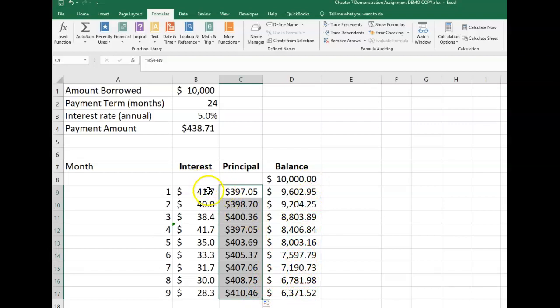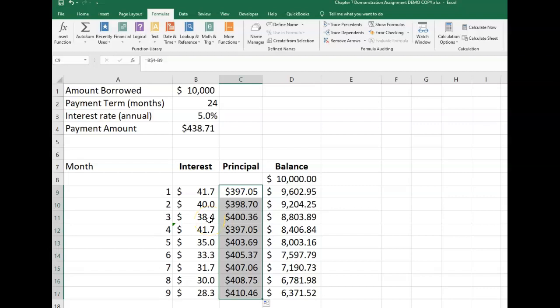If I take a look at the interest column, it looks like it gets smaller in these three, but all of a sudden this jumps back up. And there is no reason, unless a payment is late or something on that order, that a loan amortization schedule would have a larger interest in a row beneath the prior calculated interest.